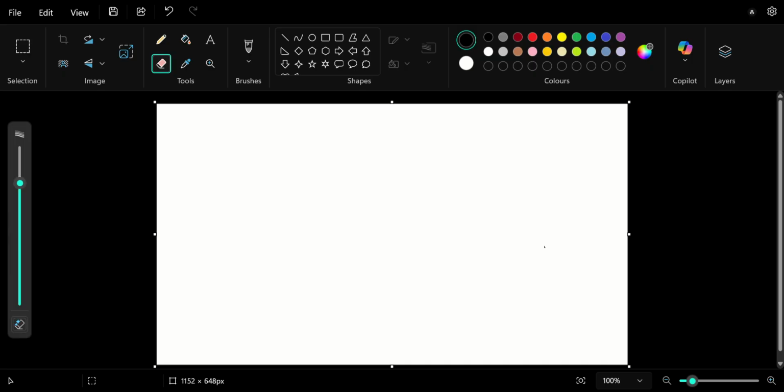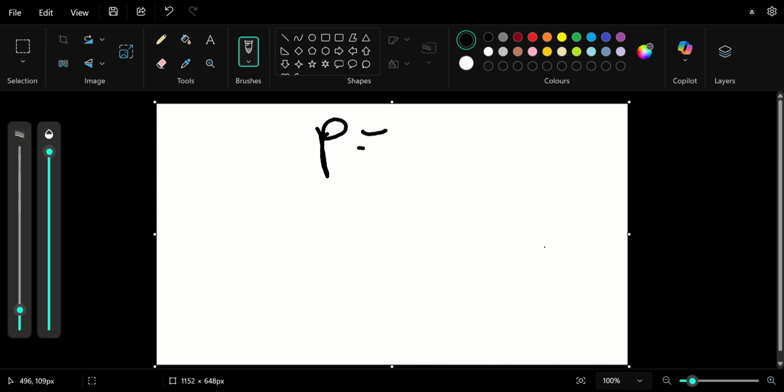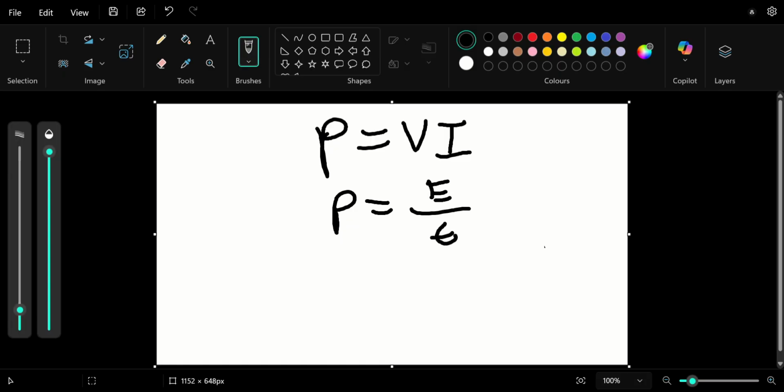This time, we're going to be looking at the equation for power. P equals VI. This is simply derived from the fact that power is just energy over time, and energy is equivalent to charge times voltage.